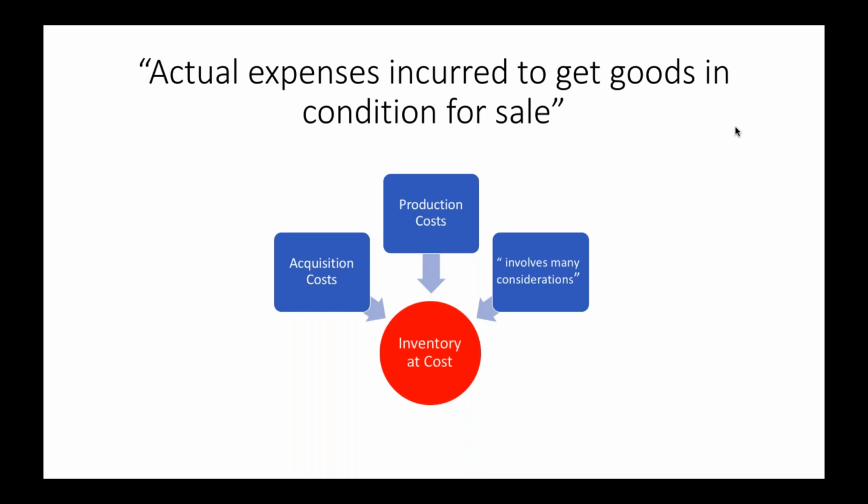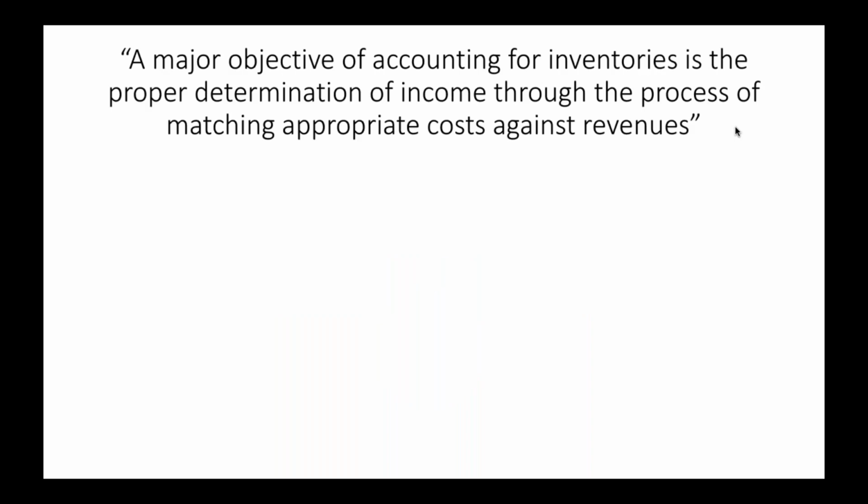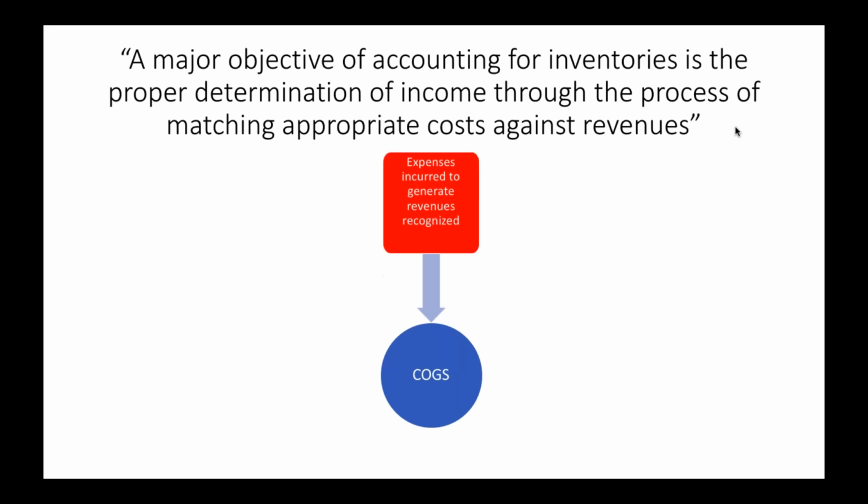The other part of GAAP is the valuation of cost of goods sold. How do we determine the proper determination of income through the process of matching appropriate costs against revenues? Now, in financial accounting language, we call this the matching principle.